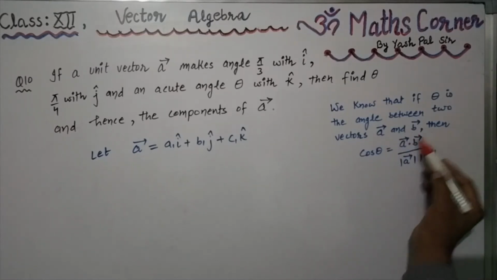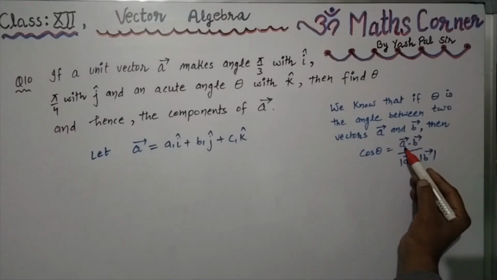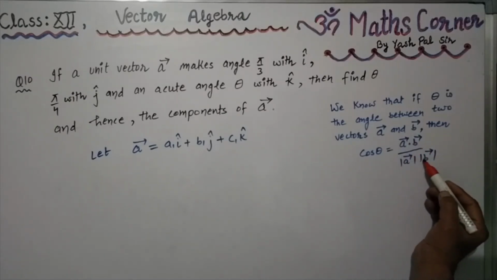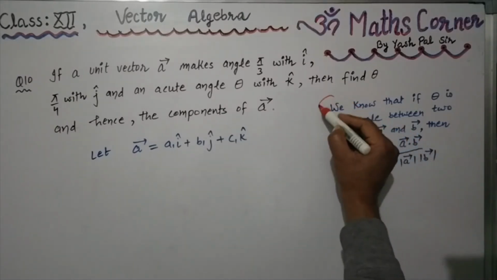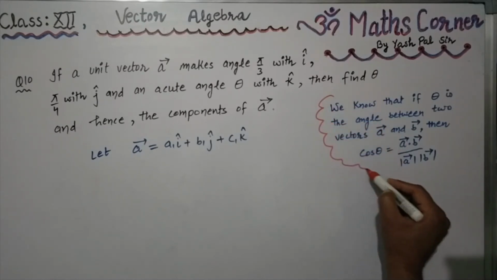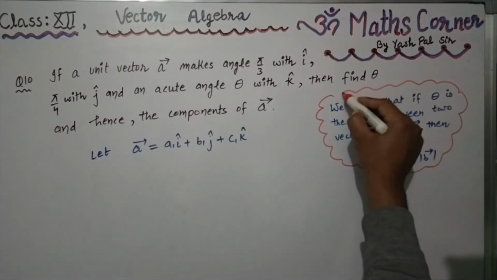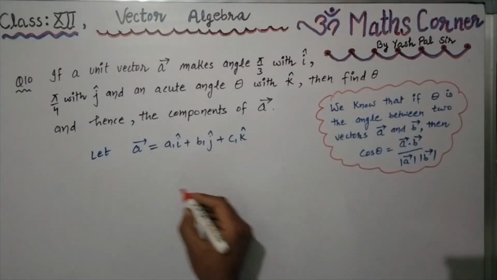Now we know that if theta is the angle between two vectors, vector A and vector B, then cos theta is equal to vector A dot vector B divided by magnitude of vector A into magnitude of vector B.